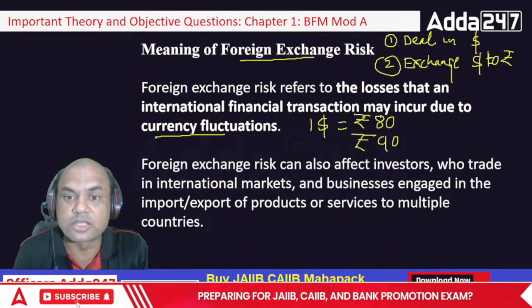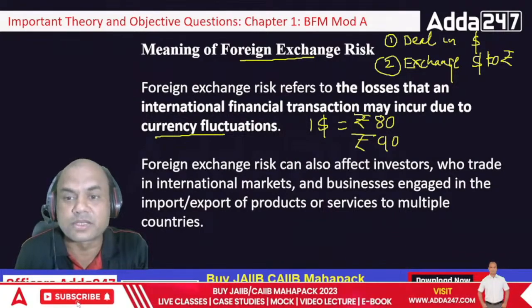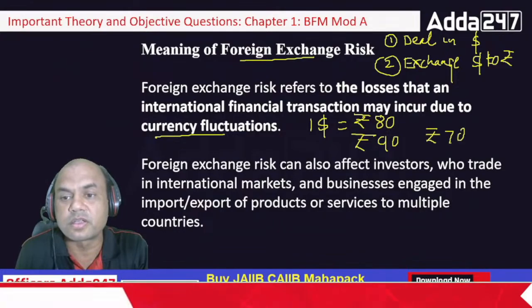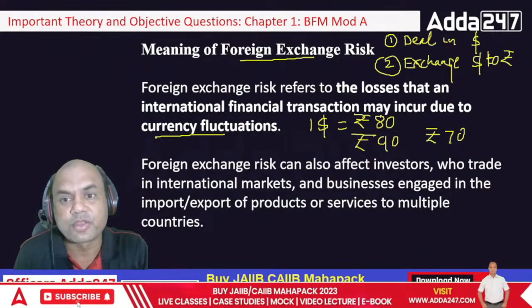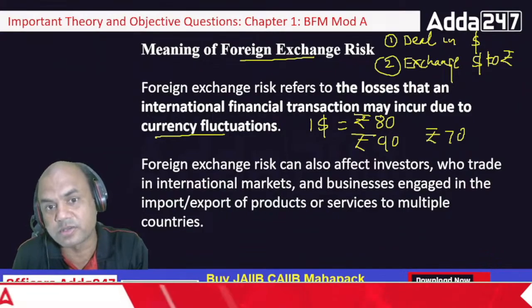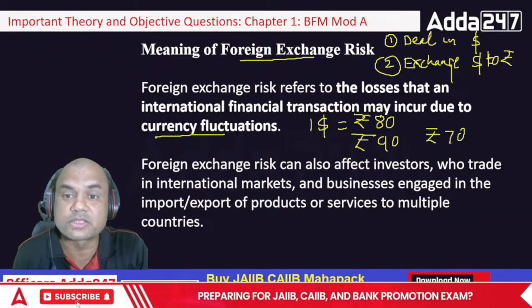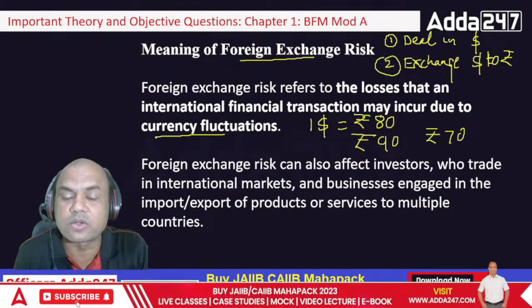So this is known as a currency fluctuation. It can be in the reverse direction also. I've purchased at 80 and it can go to 70 also. When 80 goes to 90, it means dollar is stronger. When 80 goes to 70, it means rupee is stronger. That is the meaning of stronger.